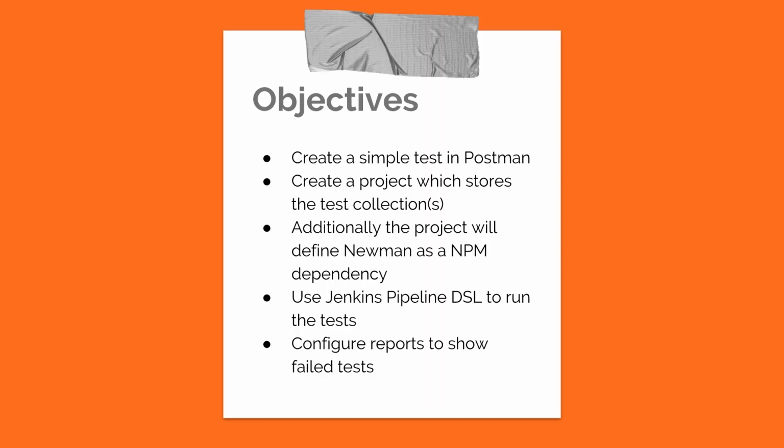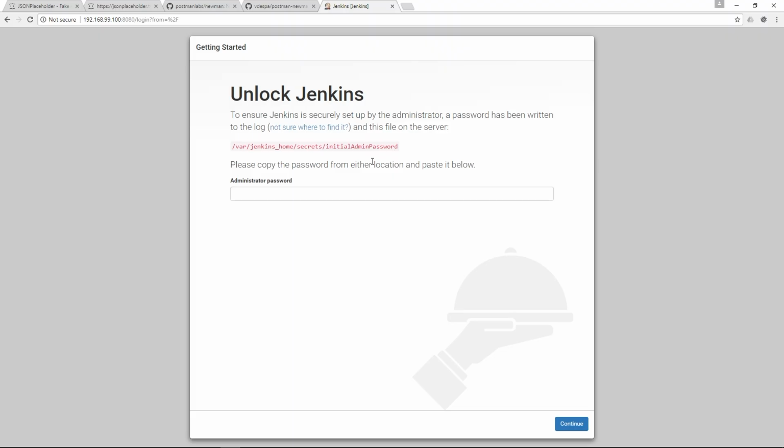So the next step would be to use Jenkins pipeline-dsl to actually run this test. I just started a new Docker image with Jenkins, and basically Jenkins still needs to be configured.